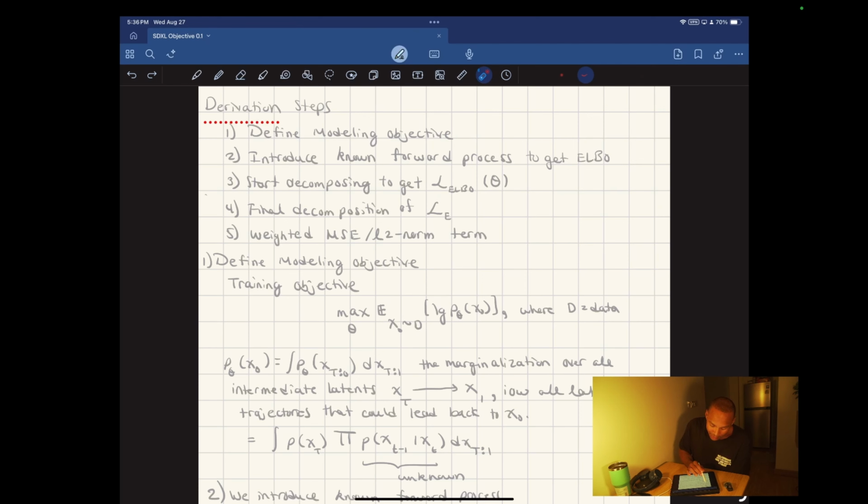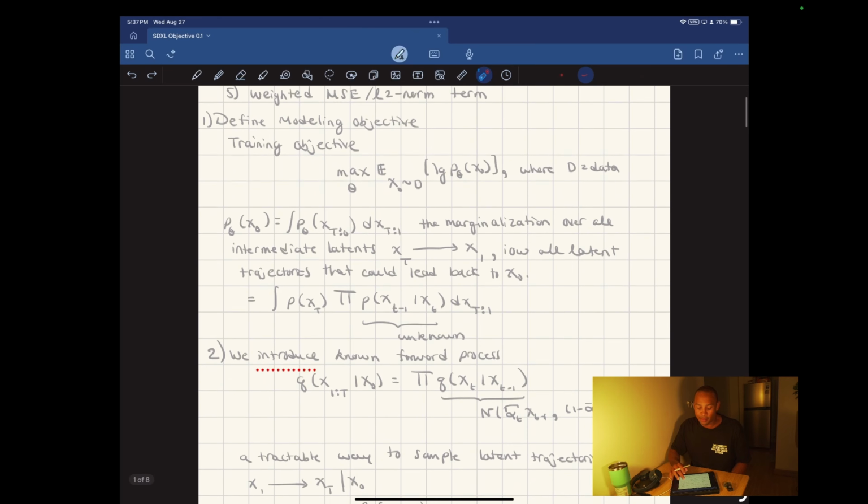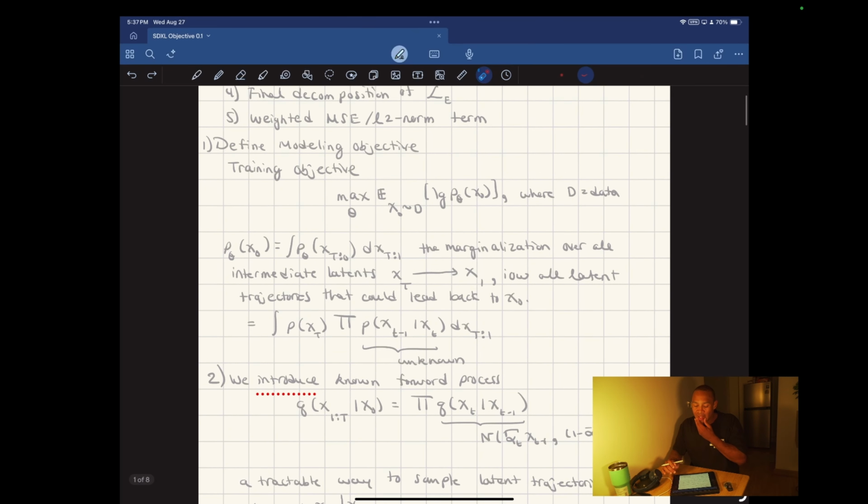For the steps, we're going to define the modeling objective and introduce the known forward process, which we derived already, in order to do variational inference and get the ELBO, the evidence lower bound. Then we're going to start decomposing this loss to move towards the final decomposition before we get the weighted MSE version of the loss that you see in the Stable Diffusion XL paper.